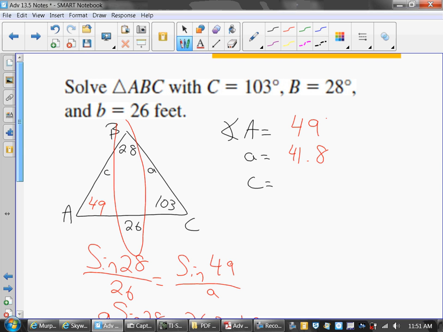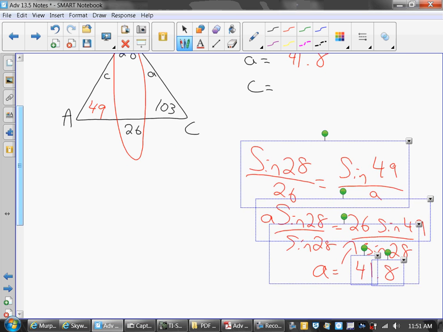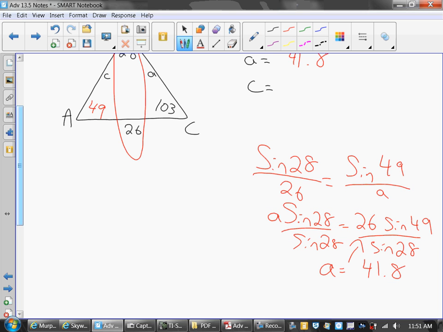Okay. Now, in order to solve for side C, reuse the 28 and the 26, and then just use sine of 103 as the side C now. I'll just move this bit over. So once again, sine 28 is to 26 as the sine of 103 is to side C. And hopefully over time you'll start to realize that the algebra is very similar for most of these problems.